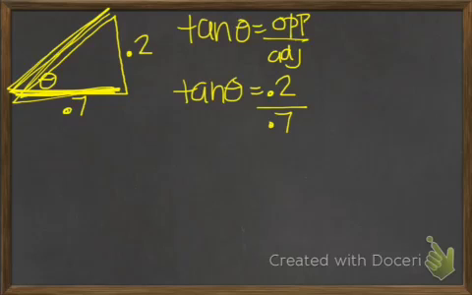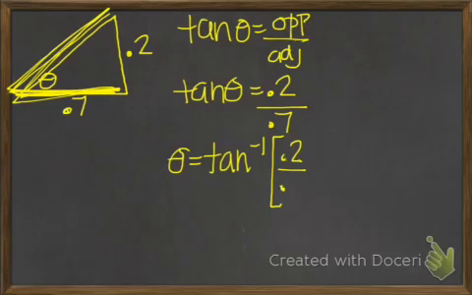Now, just to remind you, if you need to solve for theta, what you do is you take the inverse tangent. So theta equals the inverse tangent of 0.2 over 0.7. Now, inverse tangent is found by hitting your second button and then the tangent button on your calculator. So that's tangent to the -1.